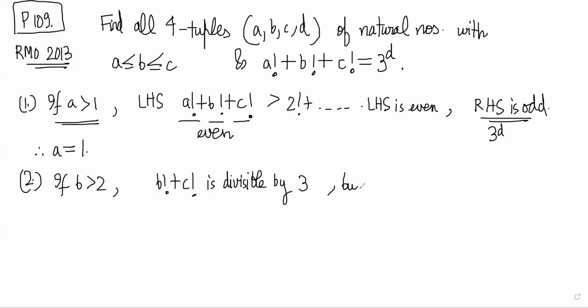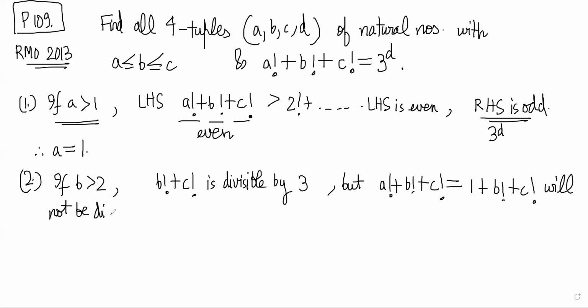But A factorial plus B factorial plus C factorial, which is equal to 1 plus B factorial plus C factorial, will not be divisible by 3. I hope you understand why this is not going to happen, because this part is divisible by 3, but 1 plus that would make it 1 mod 3. So it is not divisible by 3. However, RHS is divisible by 3.